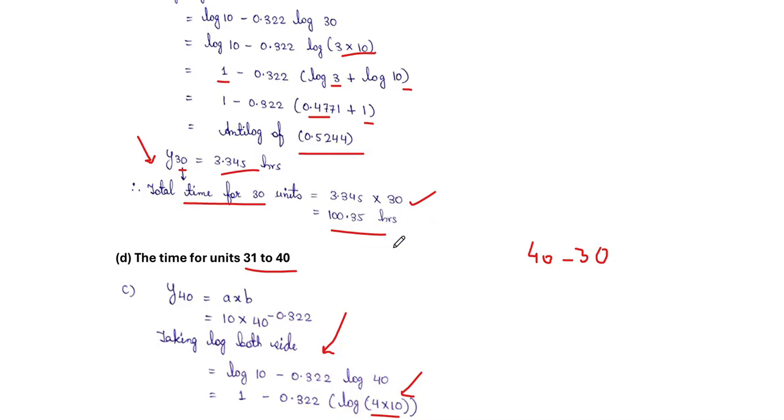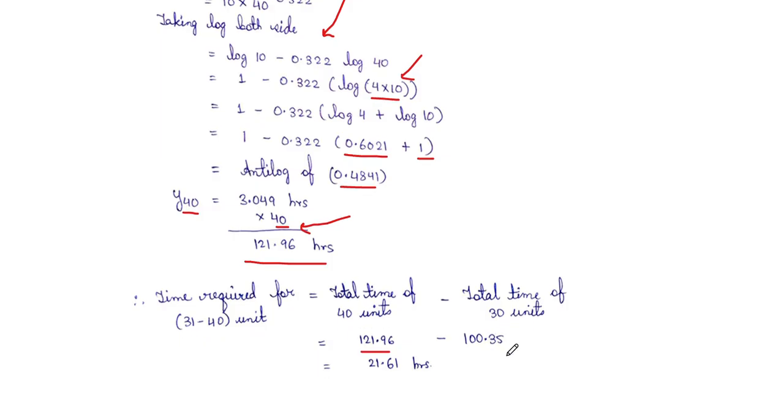It is 100.35 hours. So the time required for 31 to 40 units is 21.61 hours. Thank you.